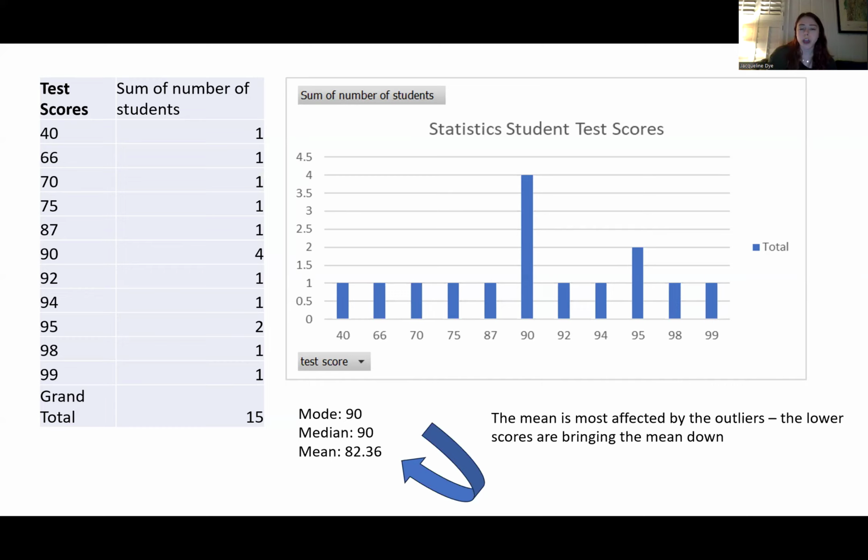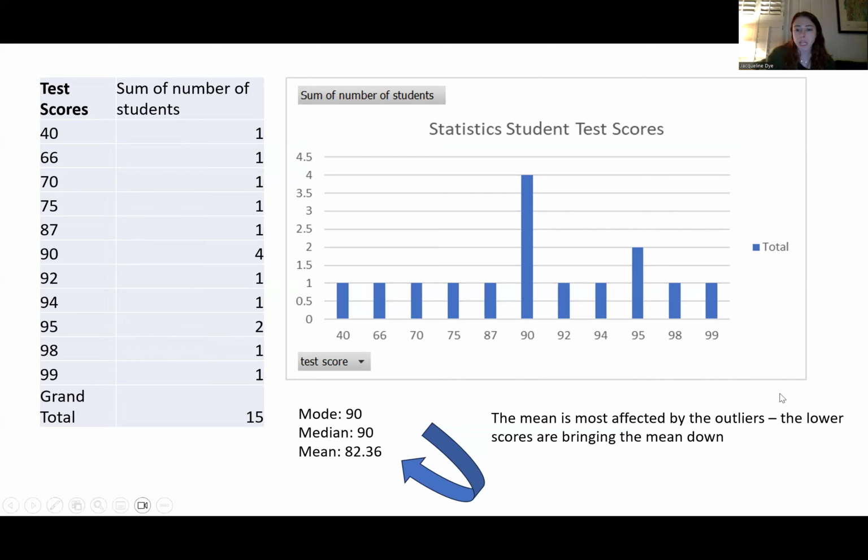If we look at this chart, we see that most of the students got a 90% on their final. So that would be the mode. Most of the students received a 90%. That's the highest number. The median is actually similar. When you line up all of the numbers, it's also 90. So those two are similar values.